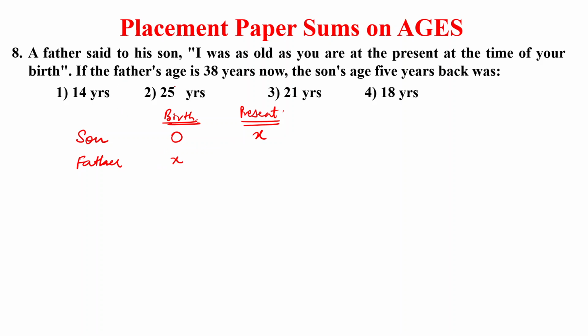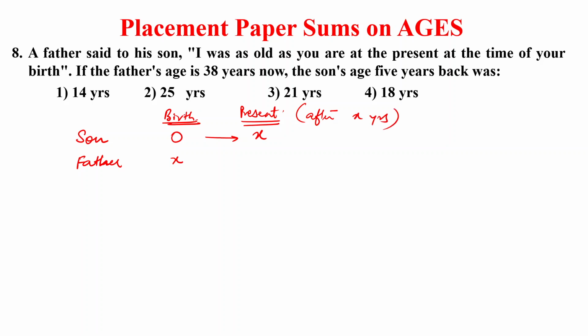Okay. If the father's age is 38 years now. Now what would have happened? You just try to understand how the question is. It is not a complex question if you understand. Otherwise, you will not be able to find the answer. What they are telling is birth, right? At the time of birth, it was 0. It has gone to x. That means present is nothing but after x years, right?